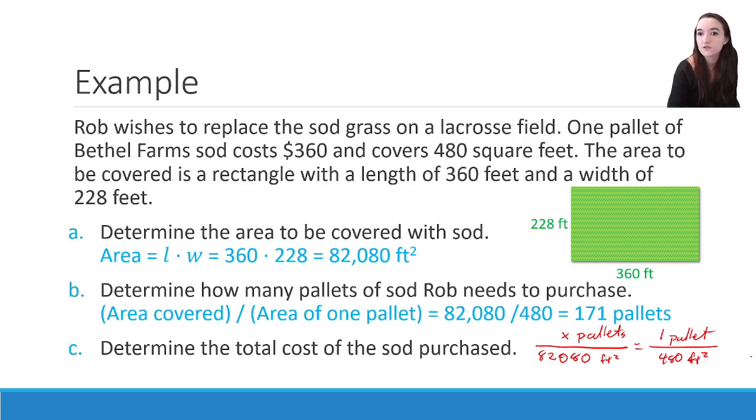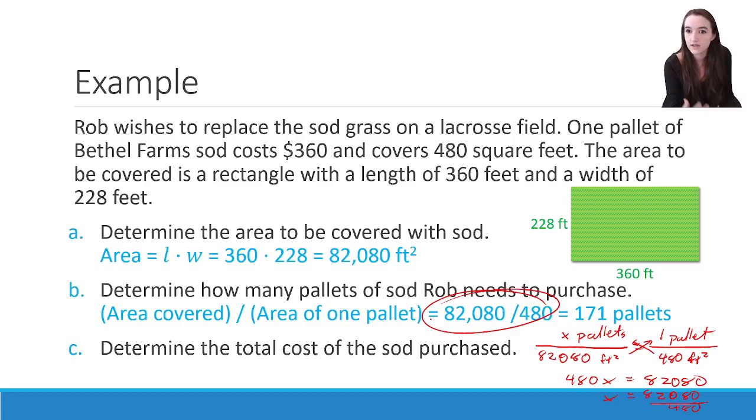Then we can solve the proportion. Whichever way you like to think about this, we of course solve through cross multiplication. So 480x equals 82,080, and then we end up getting x equals 82,080 divided by 480, and so we're right back where we started.